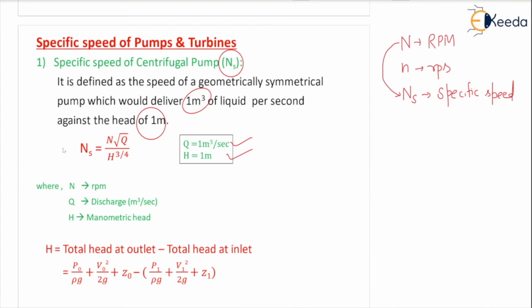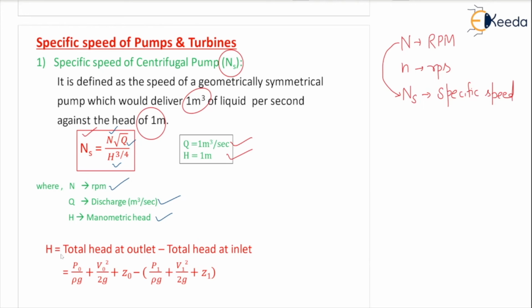So the equation is given by Ns is equal to N root Q divided by H to the power of 3 by 4. So Ns is your specific speed, and N is your normal RPM, Q is the discharge in meter cube per second, and H is the manometric head.